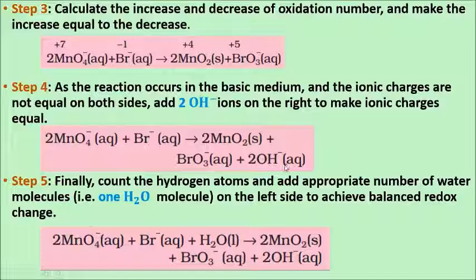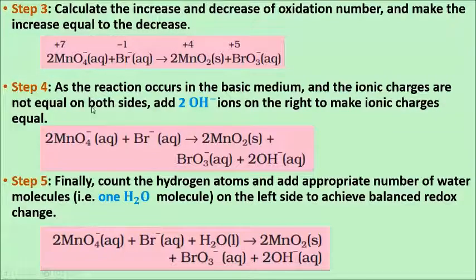When 2 hydrogen is there, how many water molecule we will add? Only 1 molecule. Why? Because in this the 2 hydrogen is coming. So 1 molecule of water we are adding, and finally we are getting the redox reaction as 2MnO4 minus plus Br minus plus H2O, giving 2MnO2 plus BrO3 minus plus 2OH minus. This is how the redox reaction we are balancing in basic medium.